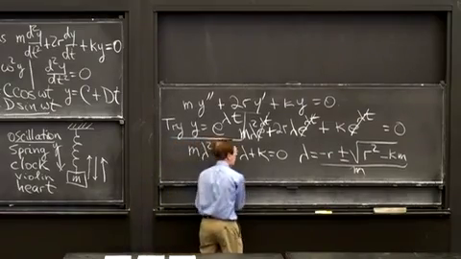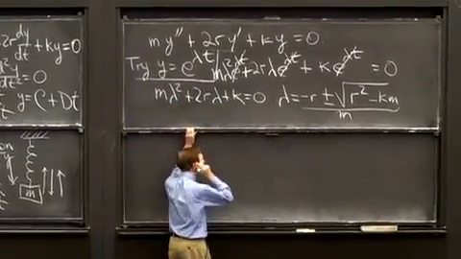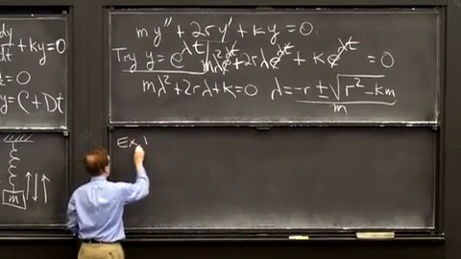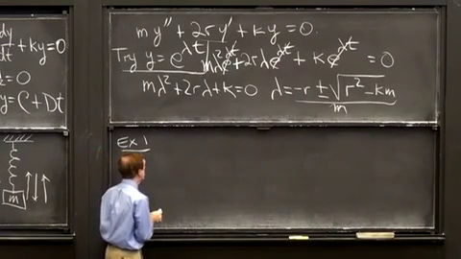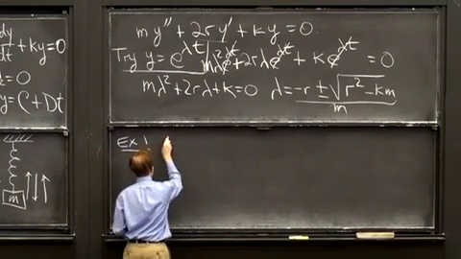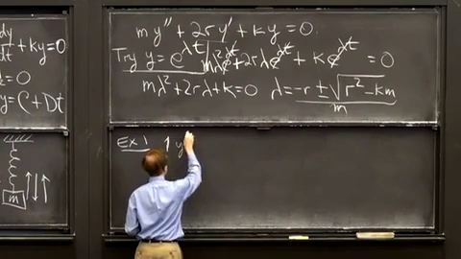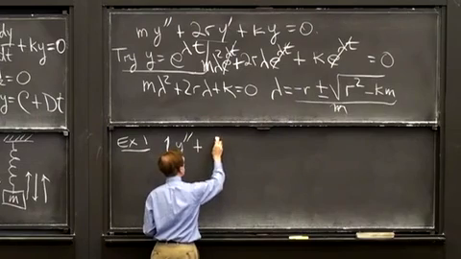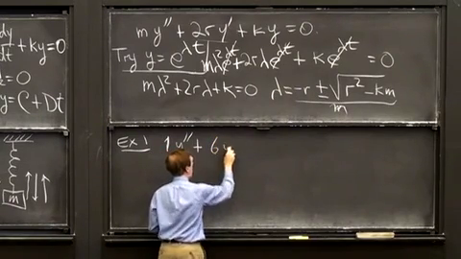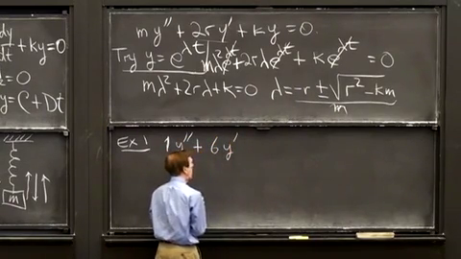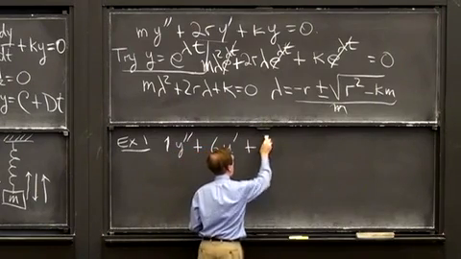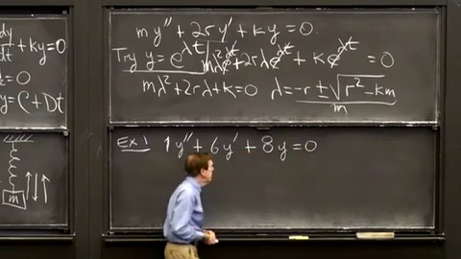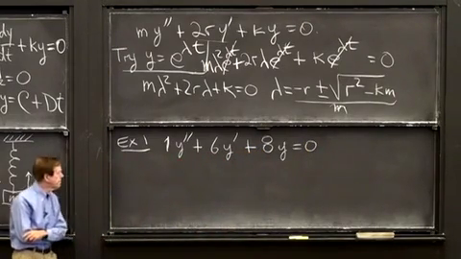All right, this is example 1. I'll choose m equal 1, y double prime, plus, let me take r to be 3, so then I have 6 y prime, and let me choose k to be 8, y equals 0. All right, now we've got numbers.